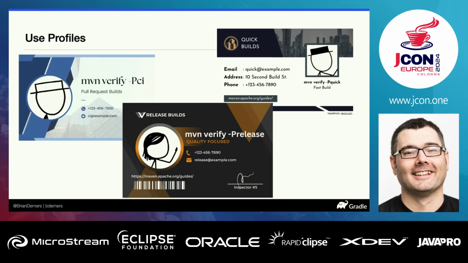I like to do a -P CI build where I stick all of my longer running things that I want to make sure run in CI, so all the static analysis, right, all those things. But I don't necessarily need them every time I'm running a build, right? I want my build to be as fast as possible on my laptop, and maybe before I push a change to a pull request, I run -P CI to run all of the CI profile, to make sure all my static analysis has been run. This is another technique to help migrate off of Java 8.